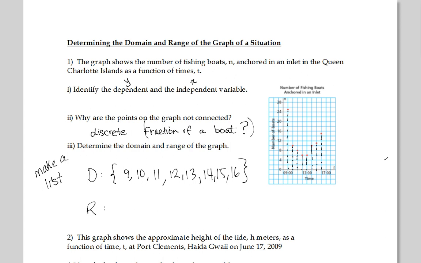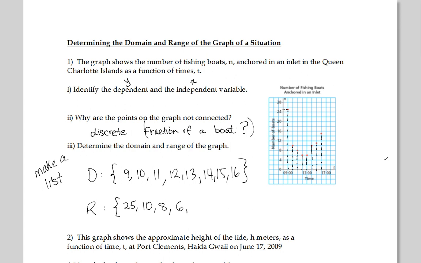And the range is going to be all the y values. So it looks like we have a 25. They're going up by 2s, yep. So 25, this one is 10. And then 8, 6. 6 happens twice, right?